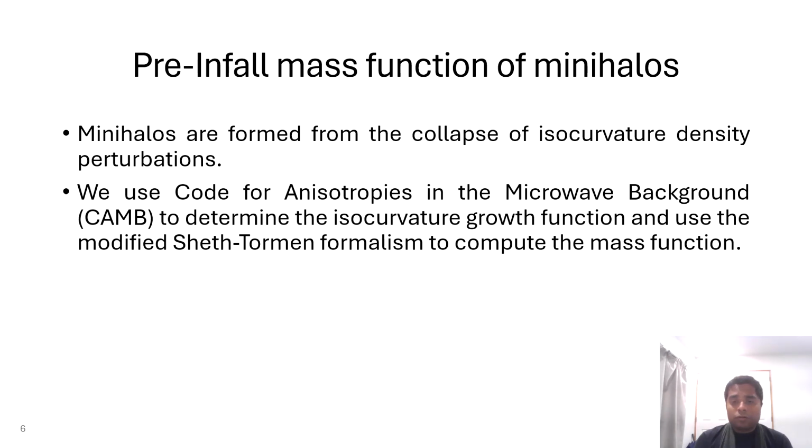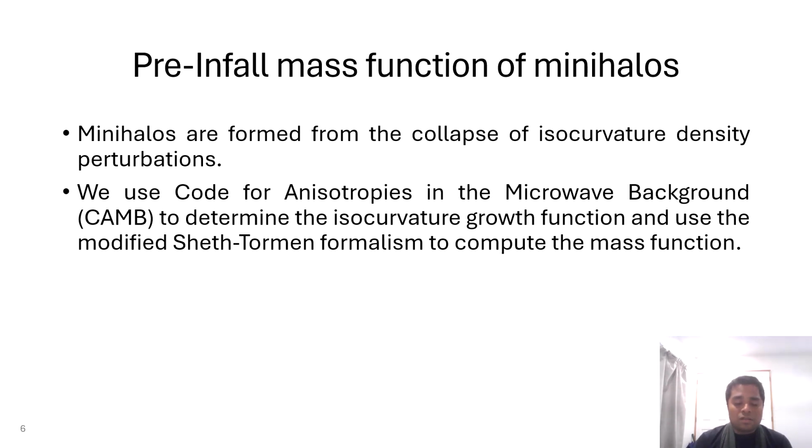Okay, now going on to a group of minihalos, different minihalos have different masses, so we cannot ascribe a single mass to the entire population. So we calculate what's known as the mass function, which is the number density of minihalos per unit mass interval. Now, it turns out that initially in the primordial universe, there were isocurvature density perturbations and adiabatic density perturbations.